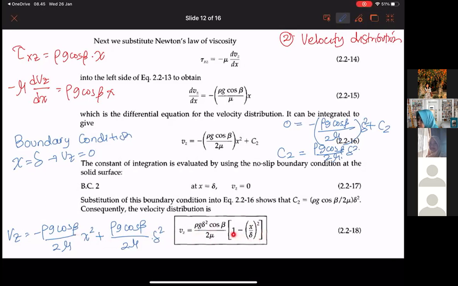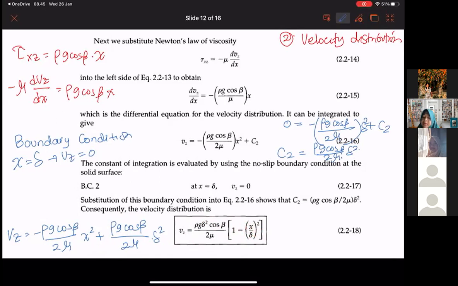Basically, they take all of the constants out, and that leaves minus x squared plus delta squared, and then they also take out the delta squared, and make it something like this.